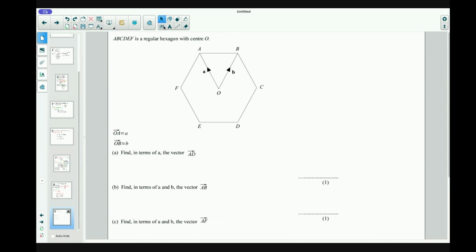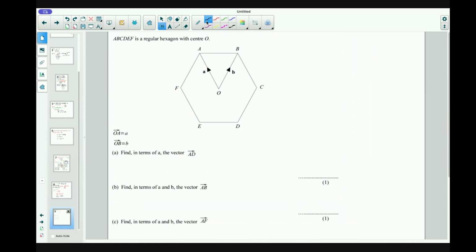All right. So if we're going to look for vector AD, there's a few different things that we can add on. If we really wanted to, we can draw lines through the rest of the hexagon as well, just so we can spot some similarities. Typically, when I'm working through these types of questions, I like to highlight it, just to give myself an idea of where I'm going with my vectors.